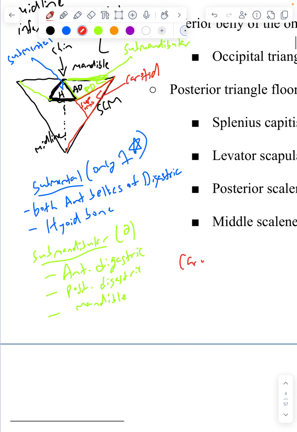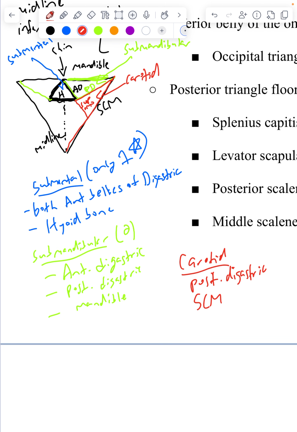For carotid triangle, we have posterior belly of digastric, we have the sternocleidomastoid, and then we have our superior omohyoid belly. And then obviously we would have this on the other side too. So it would be like this.